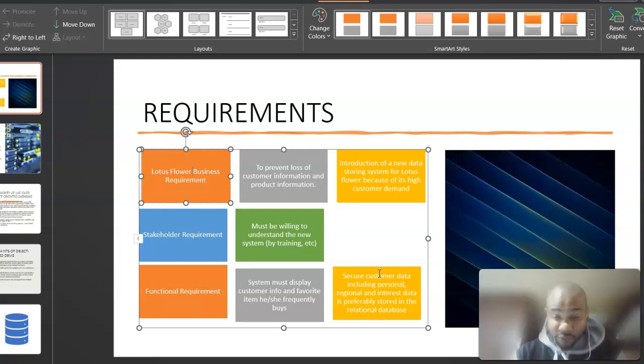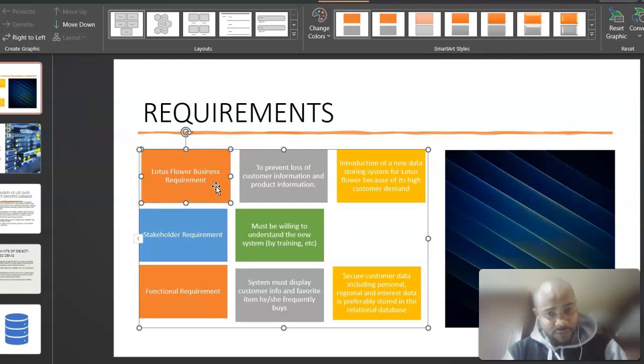I'll start right away for my database assignment. For requirements, we have the business requirement for Lotus Flower. They are aiming to prevent loss of customer information and product information.